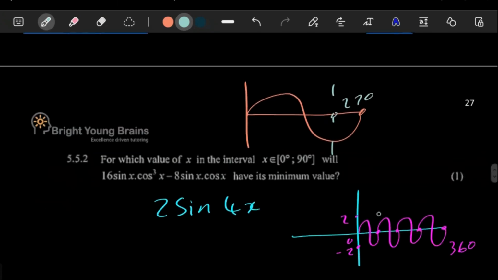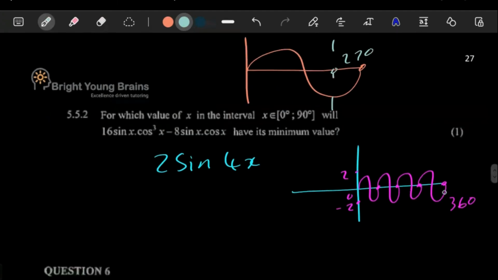Because this entire graph was shrunk, in a space of 360 you now have 4 graphs. So instead of having your minimum at 270, you're going to have it at 270 divided by 4, which gives you 67.5. The minimum value is equal to -2. However, you get that minimum value where your x value is 67.5. This is within the interval from 0 to 90.